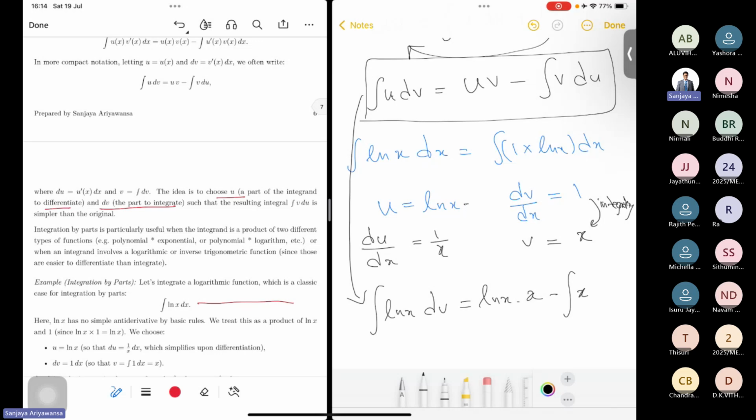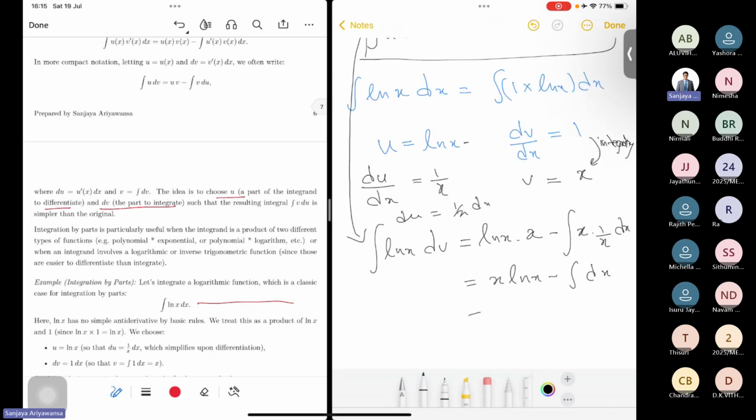What is v? x, times du, which is 1 over x dx. Now you see, you get x log x minus the integral of dx, which is x log x minus x plus c.